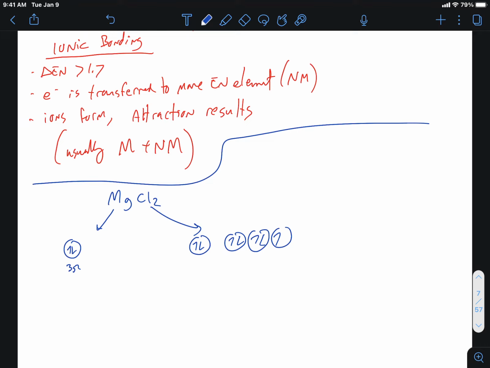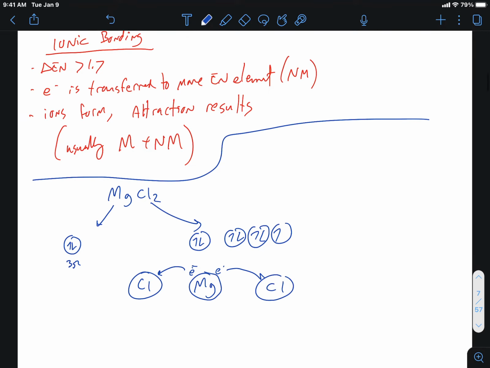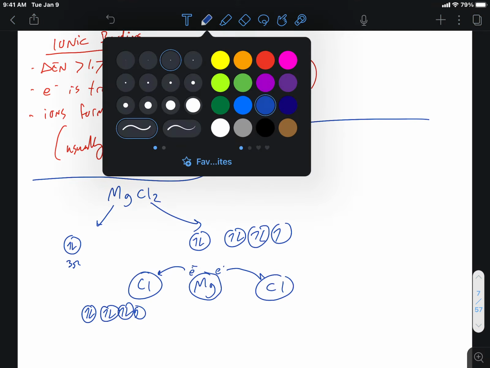So what happens is magnesium in the middle, electron is given to a chlorine on the left, and it's given to a chlorine on the right, because in doing so, chlorine then has a full octet.